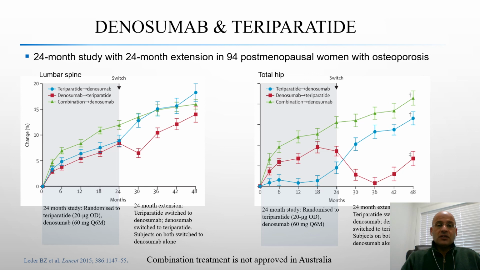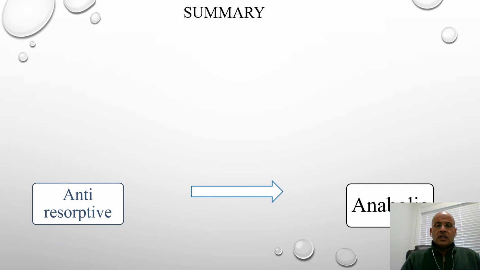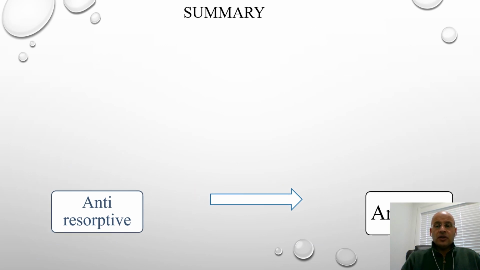So you started with the combination in the lumbar, continued to gain BMD, and at the hip particularly, this scored the highest score in the whole group of patients. So in summary, anti-resorptive to anabolic might not be a good idea.